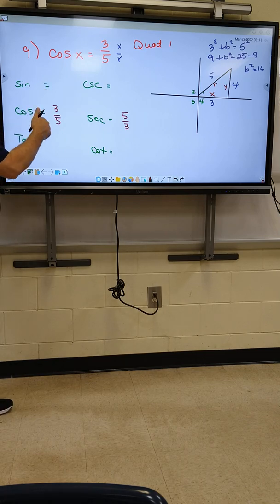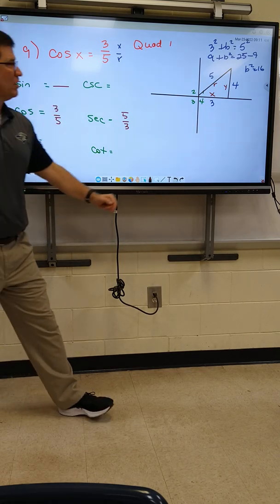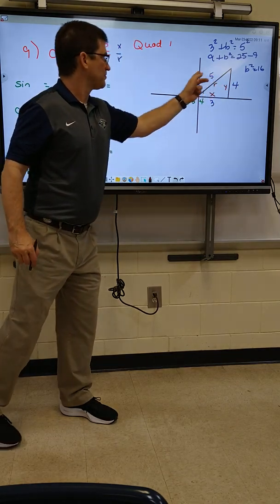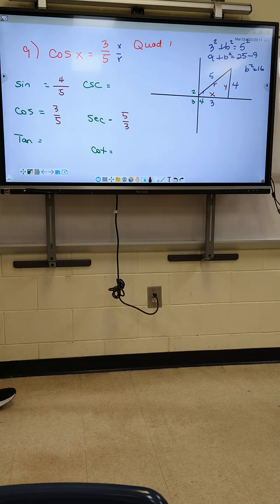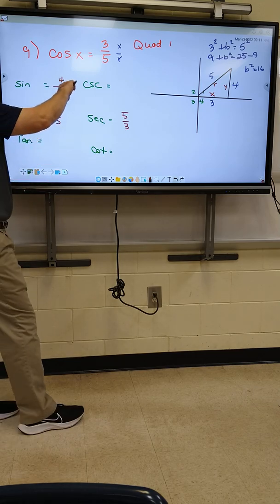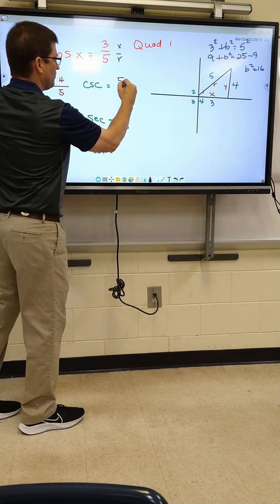All right, next answer, sine. Sine is y over r. So what goes on top, what goes on bottom? It says y goes on top, r goes on bottom. So y is 4, r is 5. So that's 4 on top, 5 on bottom. Trey, whatever I got here, I know I can just flip it and find the answer over here.